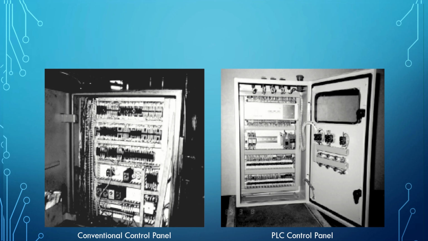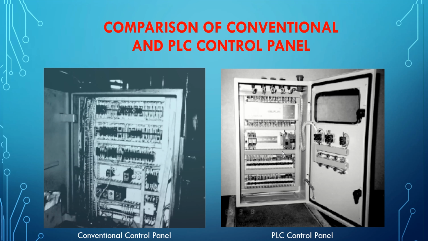In the conventional control panel, you will notice that it is quite untidy with so many electrical wirings, compared to the PLC control panel, which is clean and has less wiring.